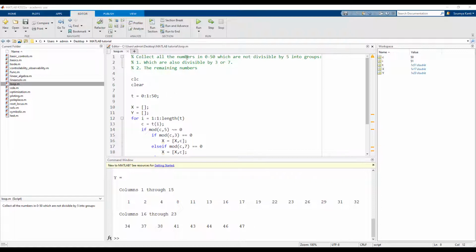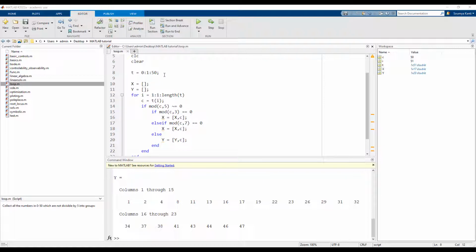We need to collect all the numbers between 0 and 50, including 0 and 50, which are not divisible by 5, and we need to separate them into two groups. The first will contain those which are divisible by 3 or 7, and the other group will contain the remaining numbers. Okay, so we'll start like this.